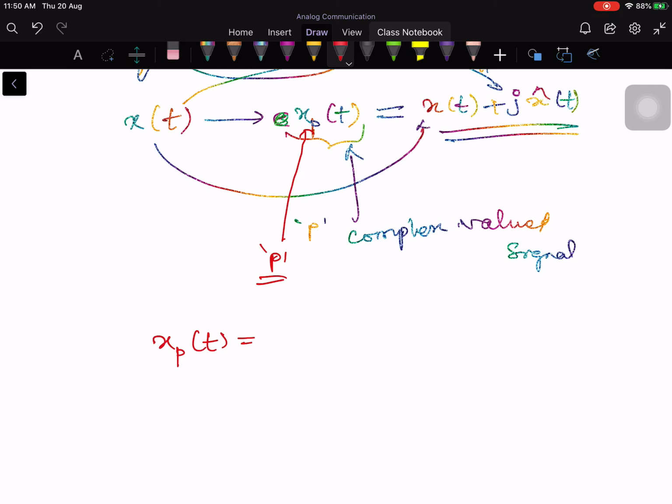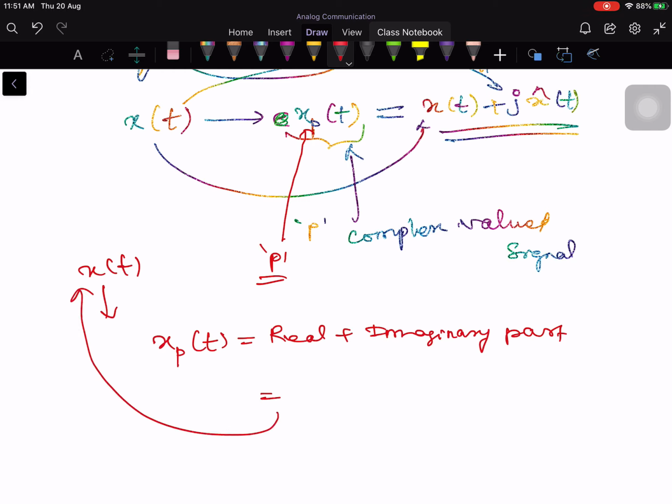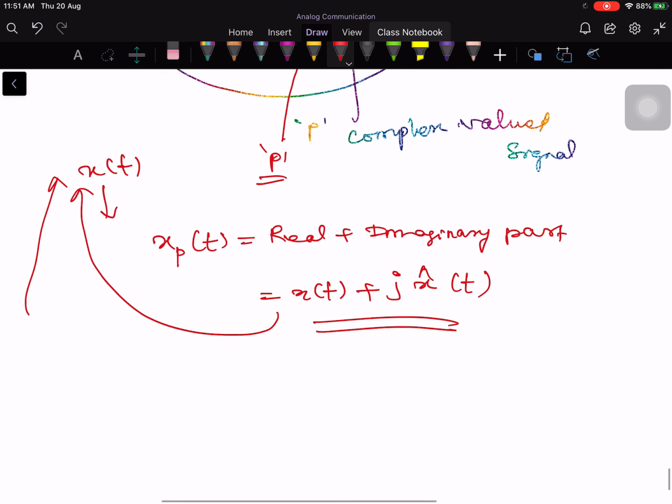Okay, we started with x of t, right? So this is real part plus imaginary part. The real part is the same as the real signal x of t with which we started, plus j times the imaginary part, which is going to be the Hilbert transform of the original signal. What is that? x hat of t. Therefore xp of t equals x of t plus j times x hat of t.